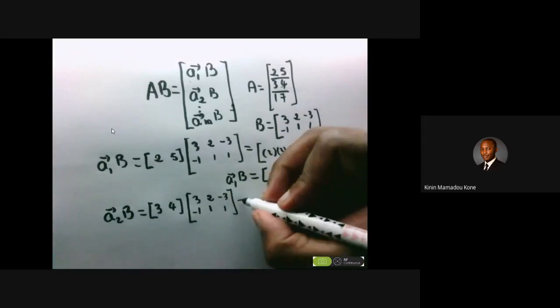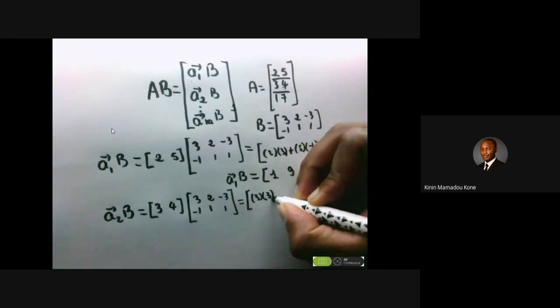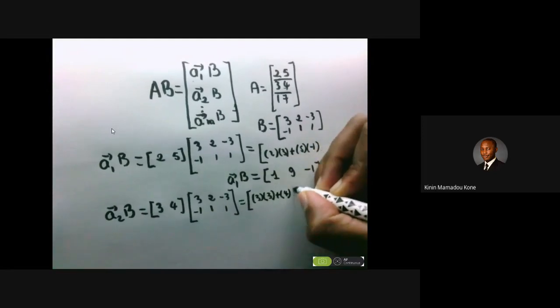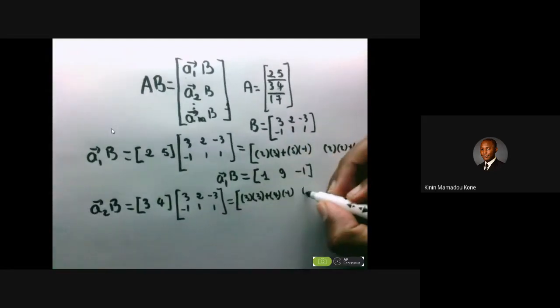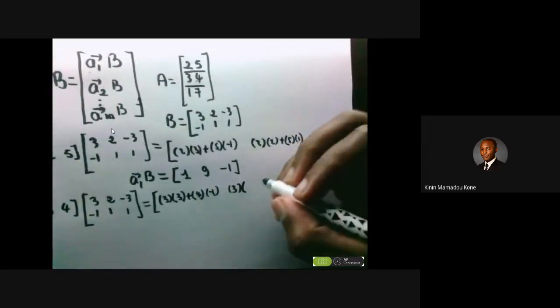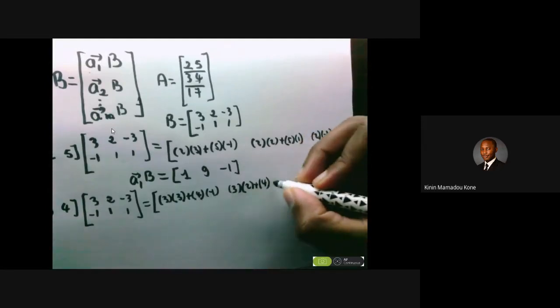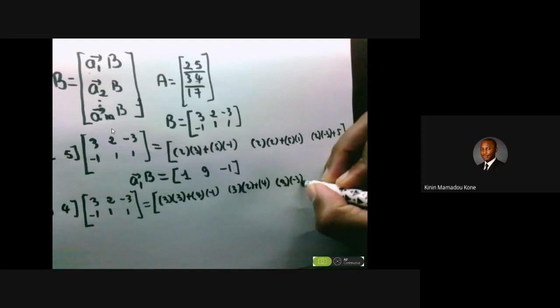You multiply: 3 times 3 plus 4 times negative 1, 3 times 2 plus 4 times 1, and negative 3 times 3 plus 4 times 1.